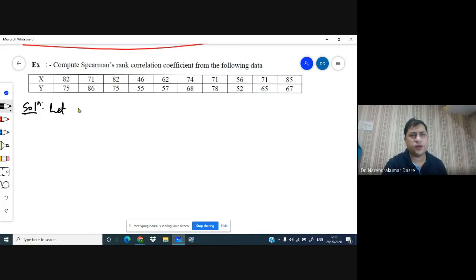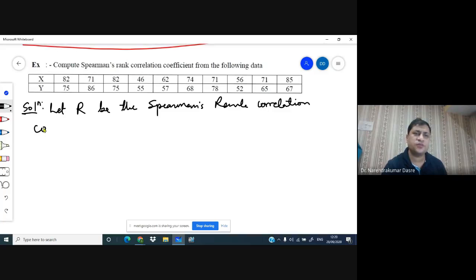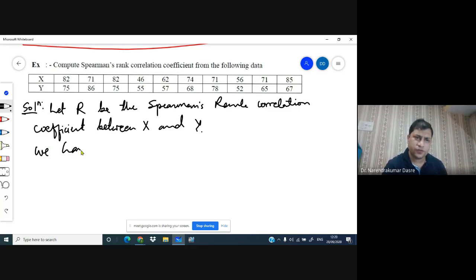Let R be the Spearman's rank correlation coefficient between X and Y. So now look at the data first.